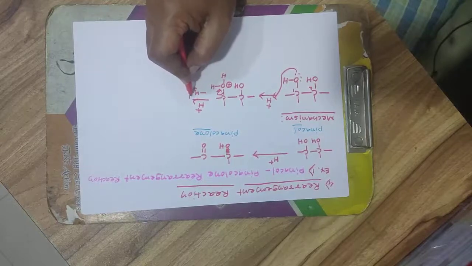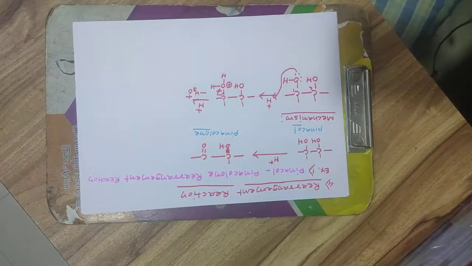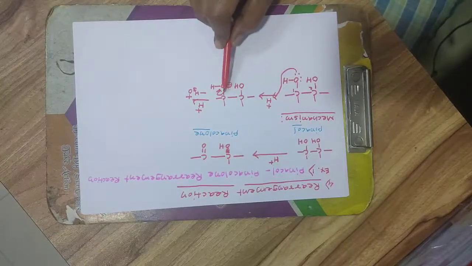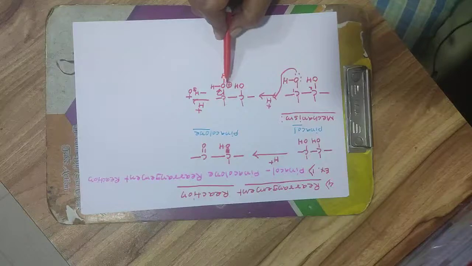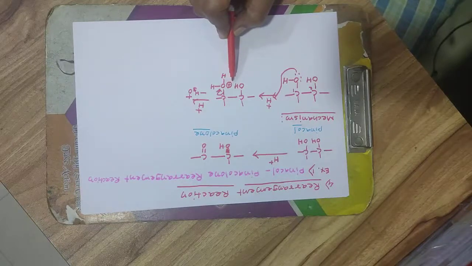Always water is removed as a hydronium ion. As this sigma bond opens on the oxygen, the carbon becomes positive. Where there is a tail, that carbon or element becomes positive, and where there is a head, it becomes negative, so there is a shifting of electrons and the positive charge gets neutralized.